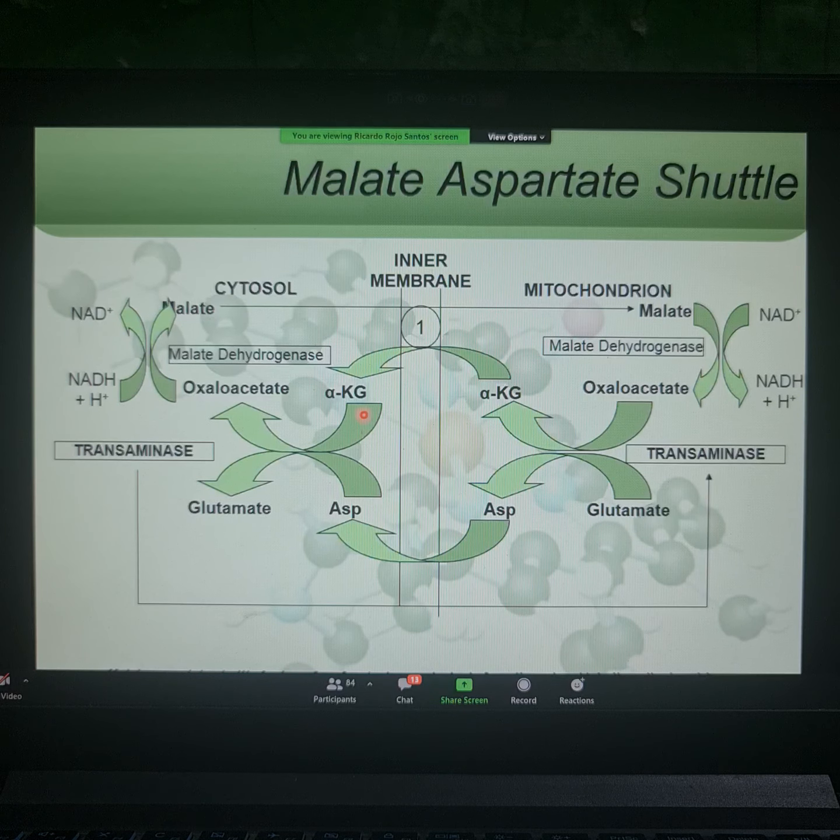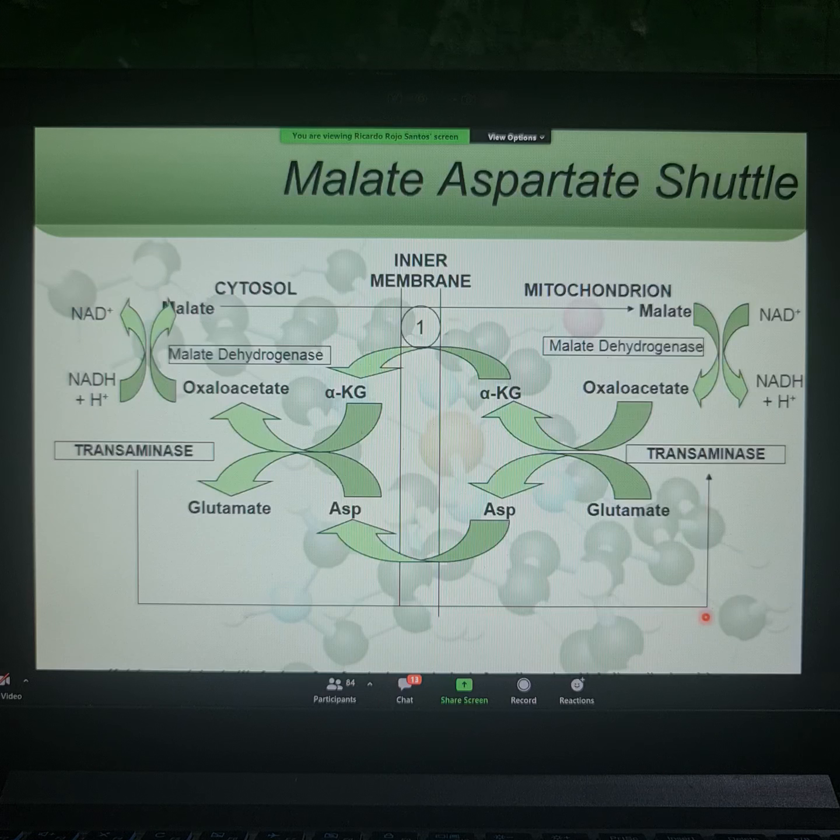So, in so doing, alpha-ketoglutarate will be converted to glutamate, while aspartic acid will be converted to oxaloacetate. Okay? Here, oxaloacetate will become aspartic acid, while glutamate will become alpha-ketoglutarate.